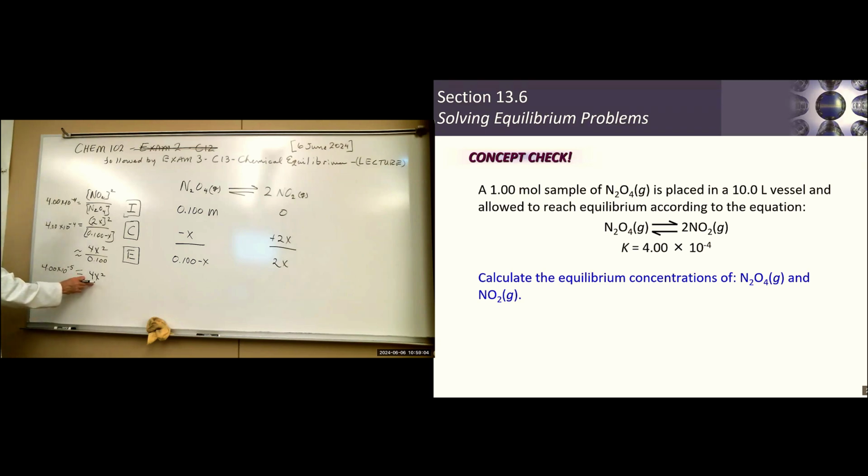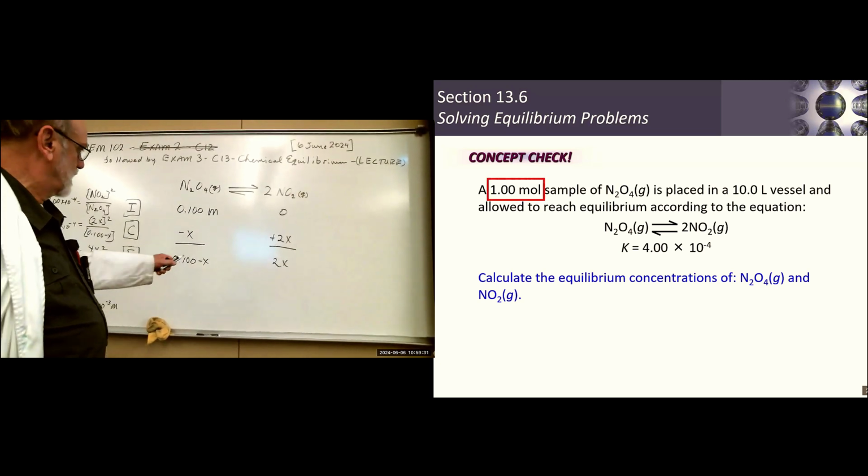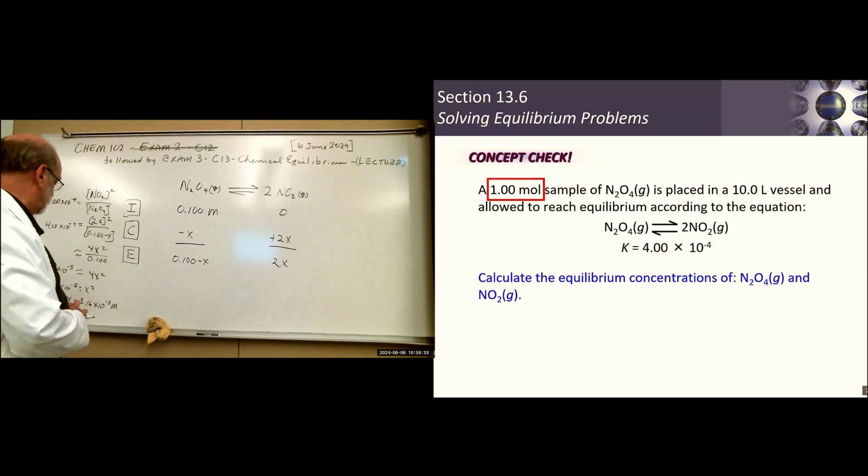Okay, so dividing both sides by 4, 1 times 10 to the minus 5 is equal to x squared, and x is the square root of 1 times 10 to the minus 5, which is 3.16 times 10 to the minus 3. That's not either one of the answers, though.